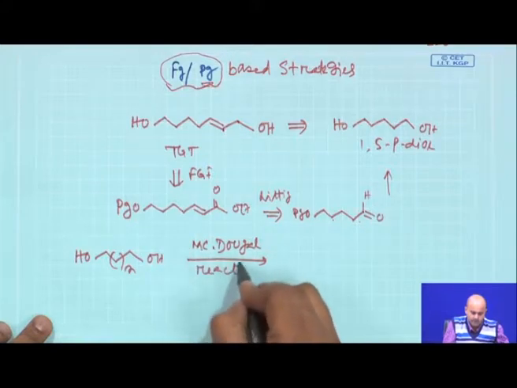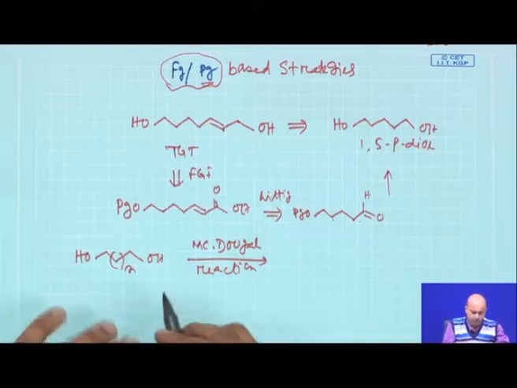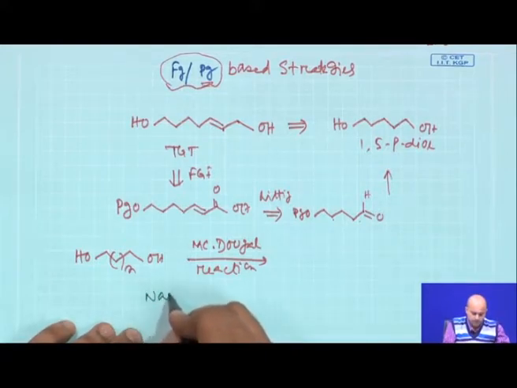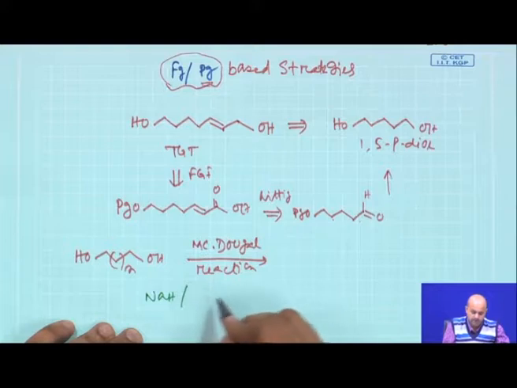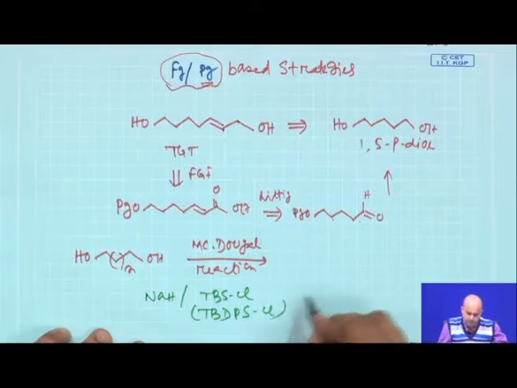The McDougall reaction says that if you have a diol, you react it with one equivalent of sodium hydride and TBS chloride. TBS chloride structure was already discussed. You can even use TBDPS chloride, it does not matter what the protecting group is. TBDPS structure we have not discussed.